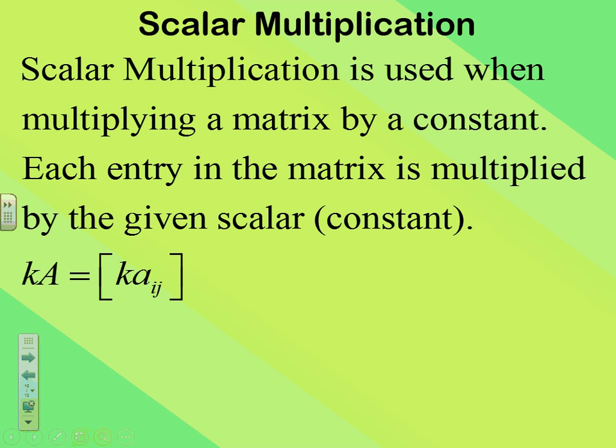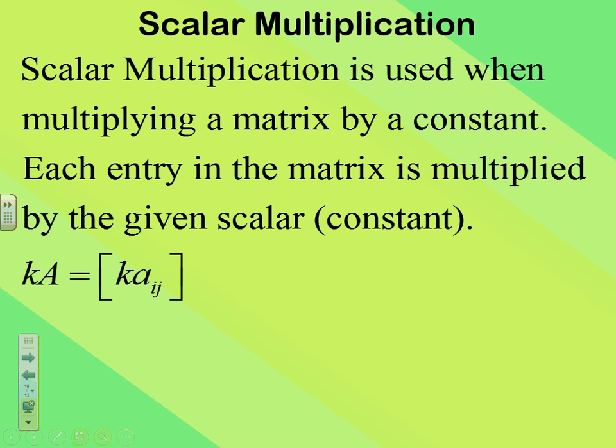Scalar multiplication says we're going to take a matrix, whatever the matrix is, and we're going to multiply every element of that matrix by the same number, just like we would multiply all of the coordinates of something on a grid to make it bigger or smaller. That's why I say it's kind of like dilating something in geometry.